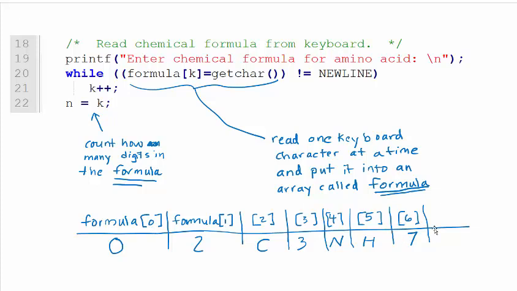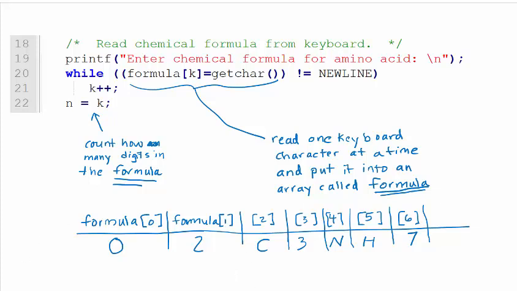This is where a lot of people have to be careful when doing loops going forward: you have to realize that there are 7 elements in the array and their indices go from 0 to 6. So that's what the user has just put into the array now.